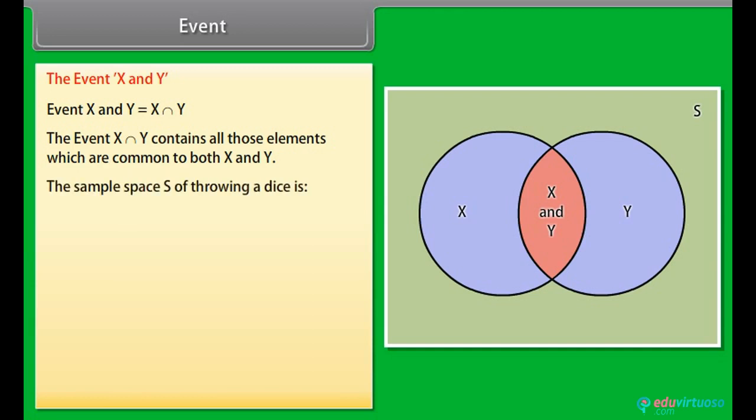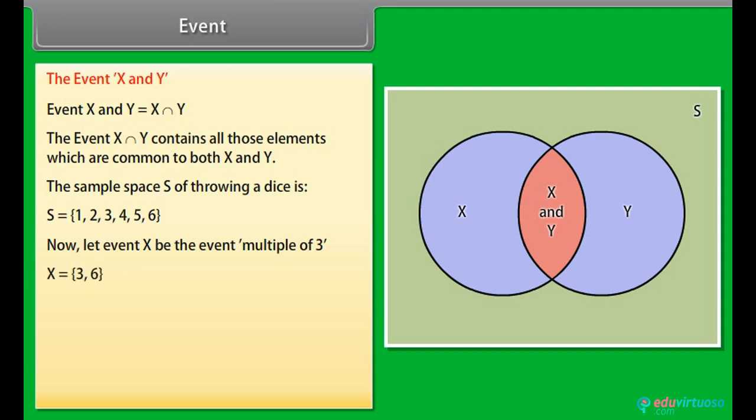The sample space S of throwing a dice is S = {1, 2, 3, 4, 5, 6}. Now let event X be the event multiple of 3. X = {3, 6}. Now let event Y be the event multiple of 2. Y = {2, 4, 6}.